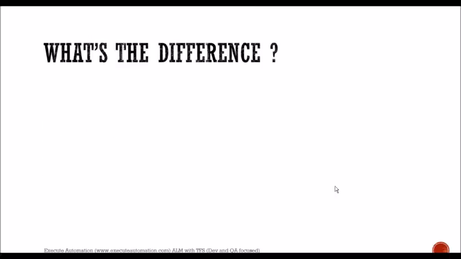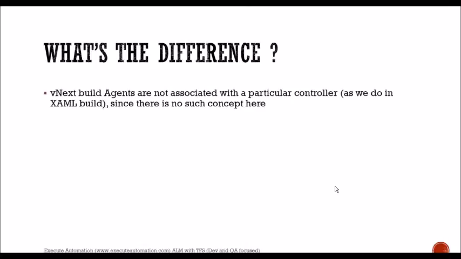So what's the difference between the new build system and the XAML build definitions? Well, the vNext build agents are not associated with a particular controller, because here there is no such concept as a controller and an agent. Here it is called agent pools. So you can have multiple agents within a particular team collection.